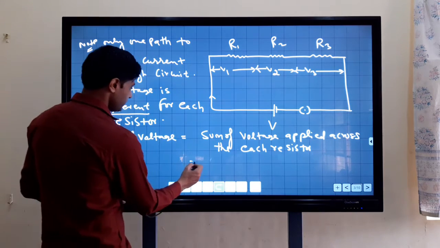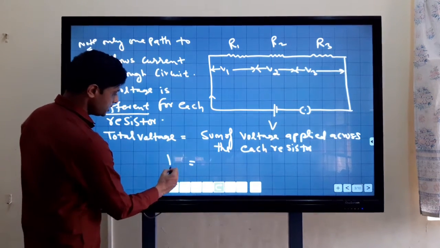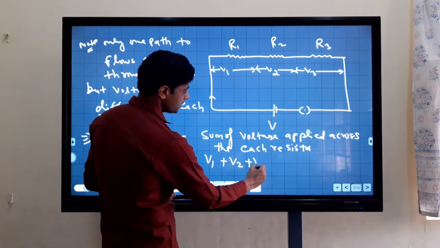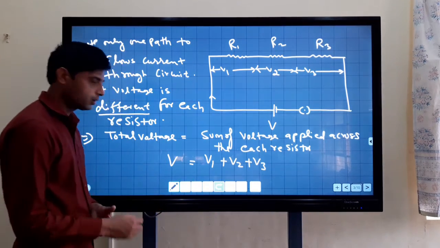So total voltage V equal to V1 plus V2 plus V3. This is equation first.